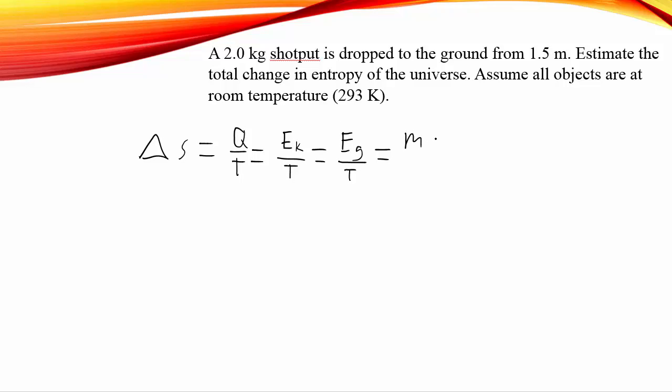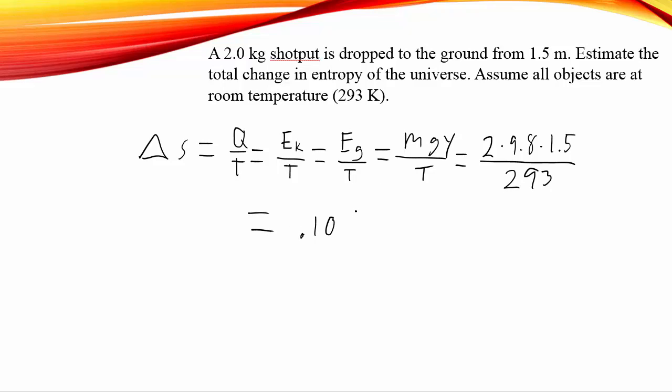If you remember, gravitational energy is mgy over T. We're given all of these numbers, so 2 times 9.8 times 1.5, and then in this case the temperature is not changing. We're assuming it's pretty constant here, so we just divide by that number. We don't have to worry about averaging it. And again, throw that guy in your calculator and you get a much smaller change in entropy for dropping a shot put than you do for heating up 3 kilograms of water.